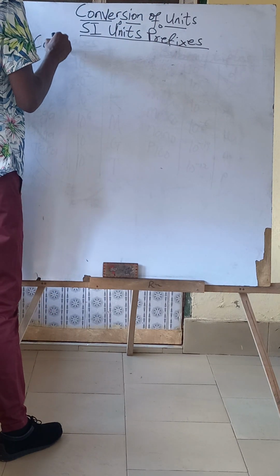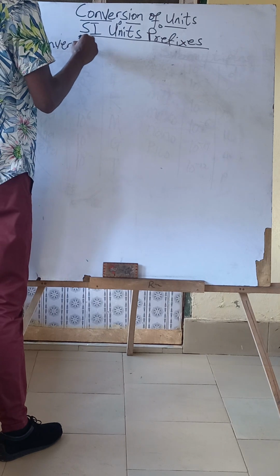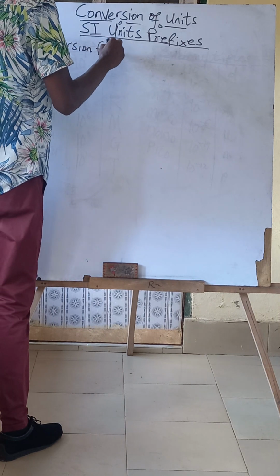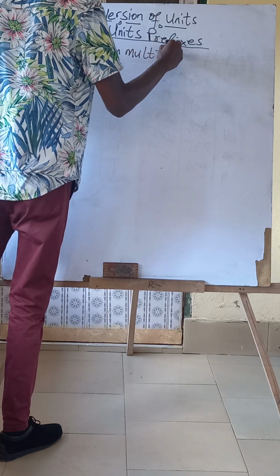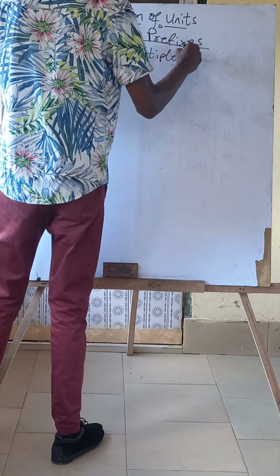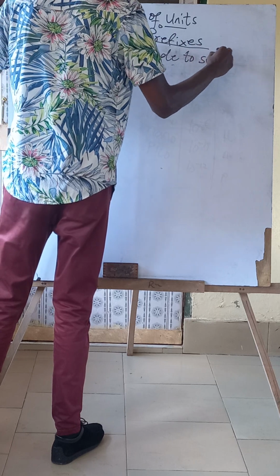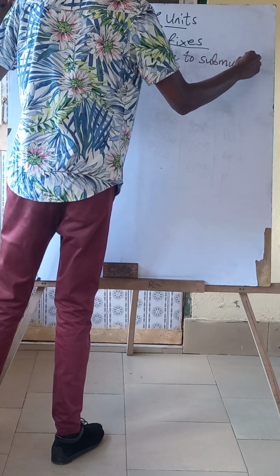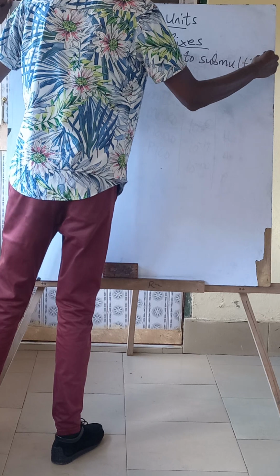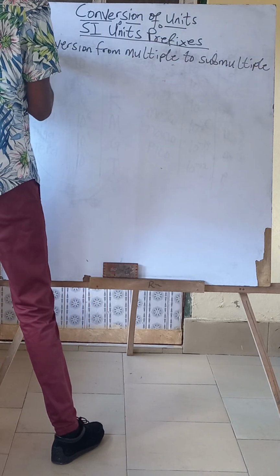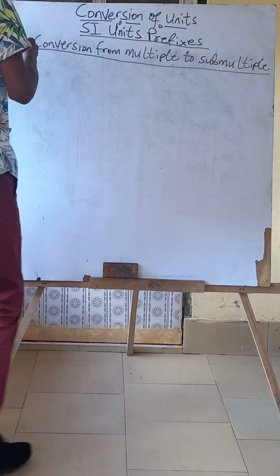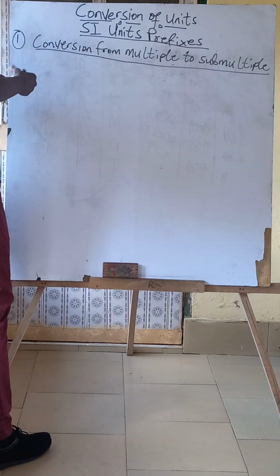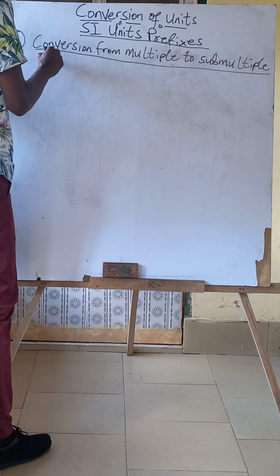Conversion from a multiple to a sub-multiple. So now you know some of the examples of multiples and sub-multiples. Let us consider conversion from, let's say, kilometer.